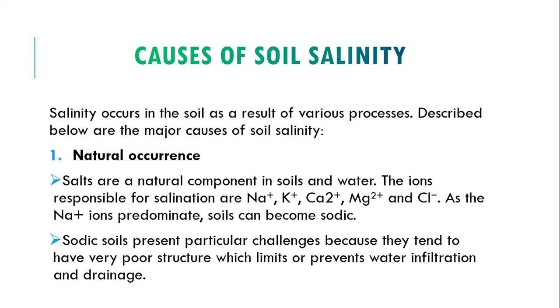The ions responsible for the salination are sodium ions, potassium ions, calcium ions, magnesium ions, and chlorine ions. Now, as the sodium ions predominate, the soils can become very sodic, hence the term soil salinity. The sodic soils present particular challenges because they tend to have a very poor structure, which limits or prevents water infiltration and drainage. So this can affect the growth of various plants in these kinds of soil.